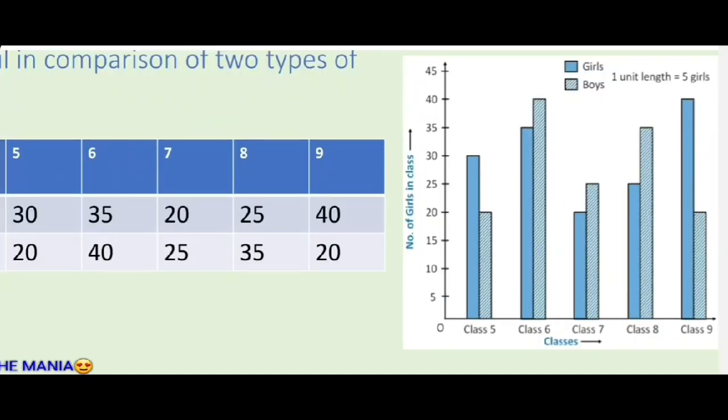You will take care of one thing here, that every time the same quantity is plotted on the graph first. For example, in class 7 number of girls is 20 and number of boys is 25. So the first bar represents number of girls and the second one represents the number of boys.